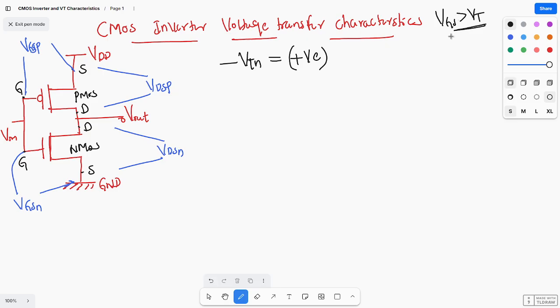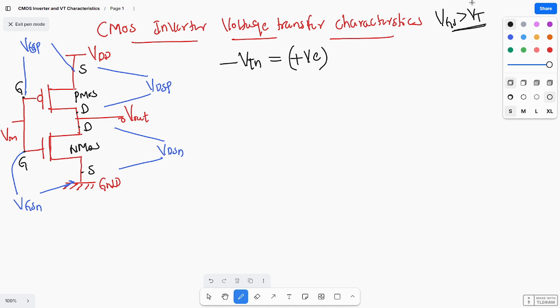Okay, so when the channel is forming, after that when you are varying VDS, there is a drain current, and we already saw some regions of operation like cutoff region, linear region, non-linear region, saturation region, and channel pinch-off condition, channel punch through or reach through. Okay, there the current becomes constant.